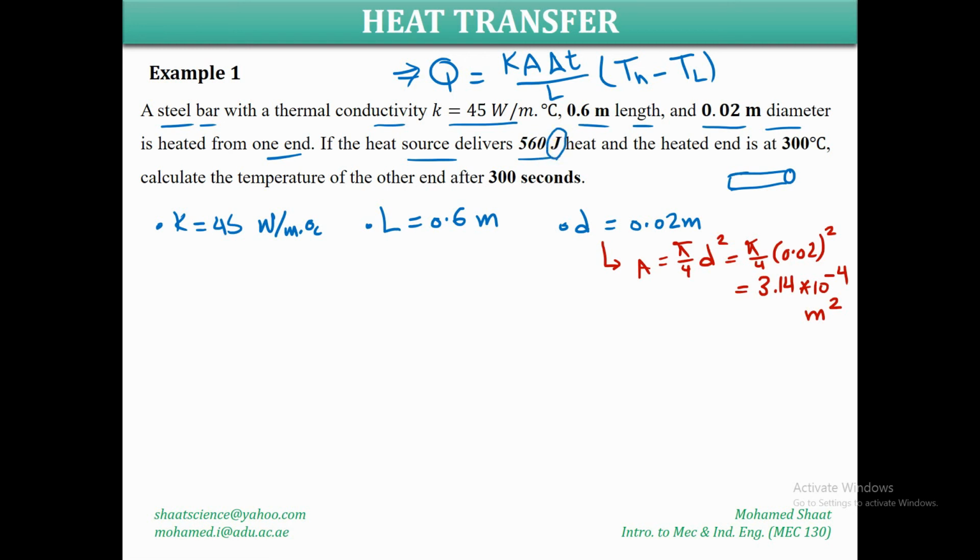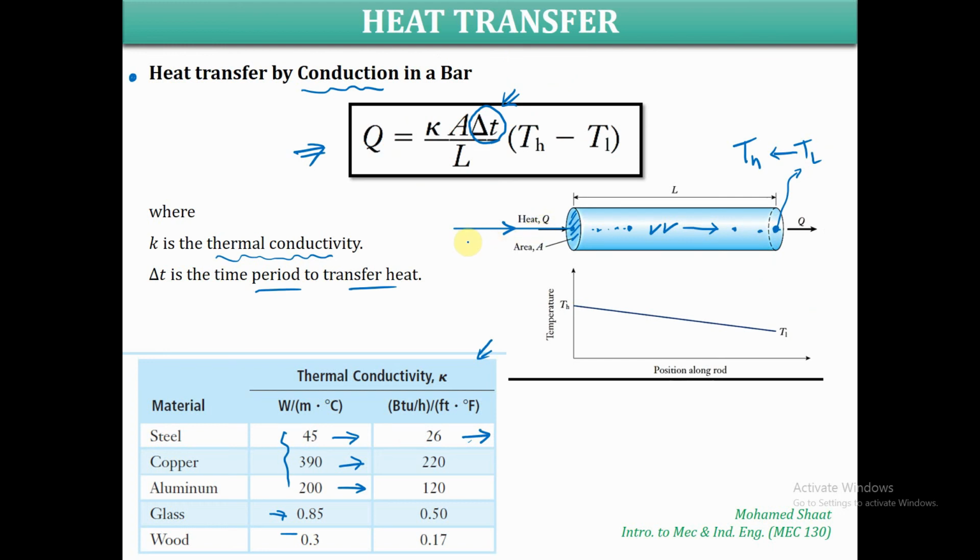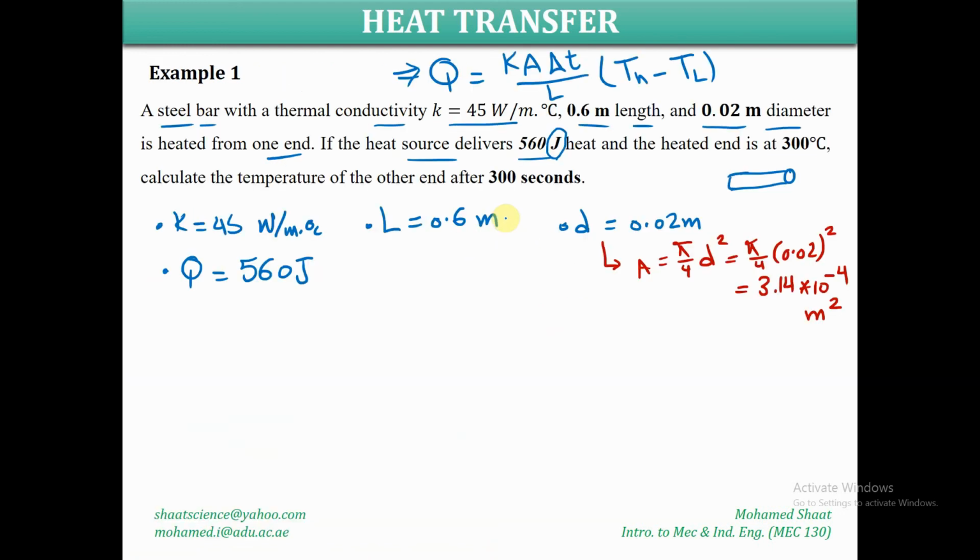The thing in this expression that is counted as energy is only Q. This is the amount of heat, and remember that heat is one form of energy. That's why it is given as 560 joules at this source. So at this end we are delivering this amount of heat, which is 560, and the heated end is at 300 degrees Celsius.